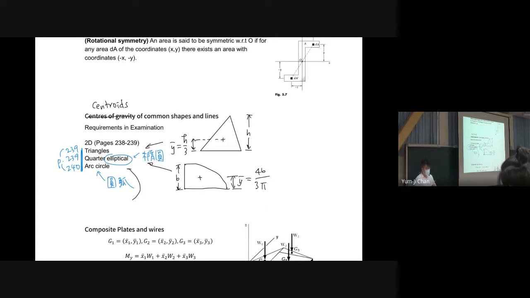An arc circle is like this, and it has the radius of r, and it goes from angles like this.